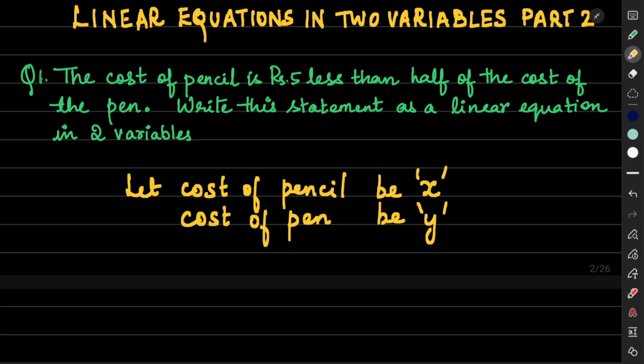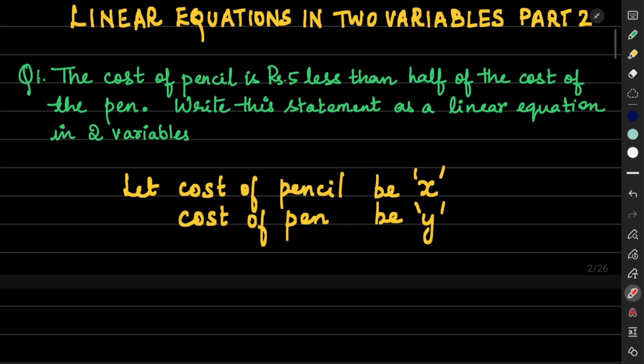We don't know both. Now what is given in the statement here? The cost of pencil we have taken as x and cost of the pen we have taken as y.